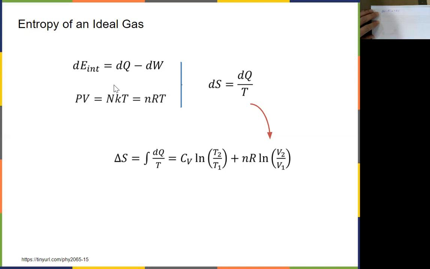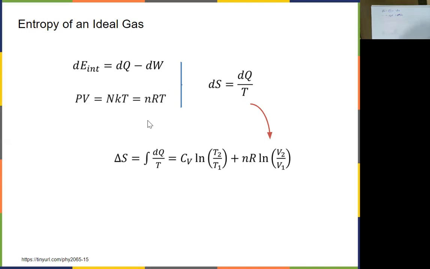For an ideal gas, internal energy dE is just equal to CV times dT. If you write this as small c, then you put the n in front, but I think we have capital C here, so we don't put that. And plus PdV, or actually dW, we just write as dW here.